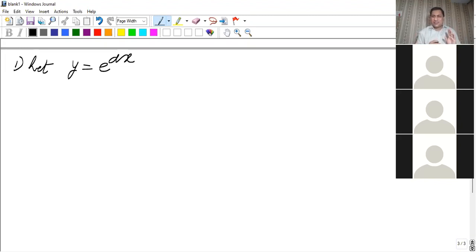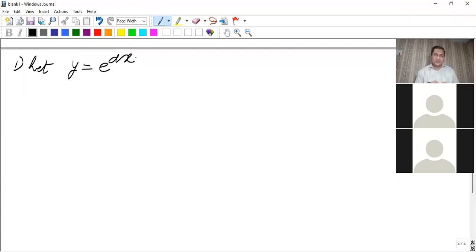So Jason, can you tell me what is the derivative of the exponential function? It would be y dash is equal to a e raised to ax minus 1. What about Dhruv? Can you tell me what is the derivative of this function?